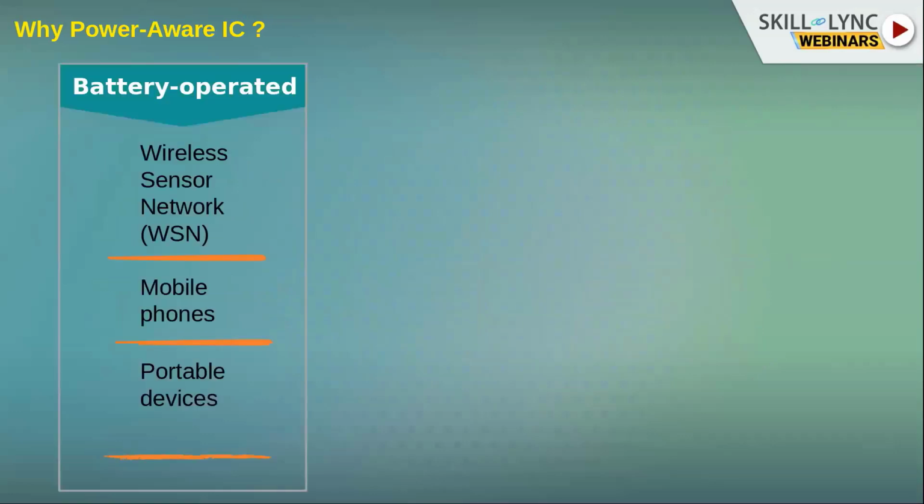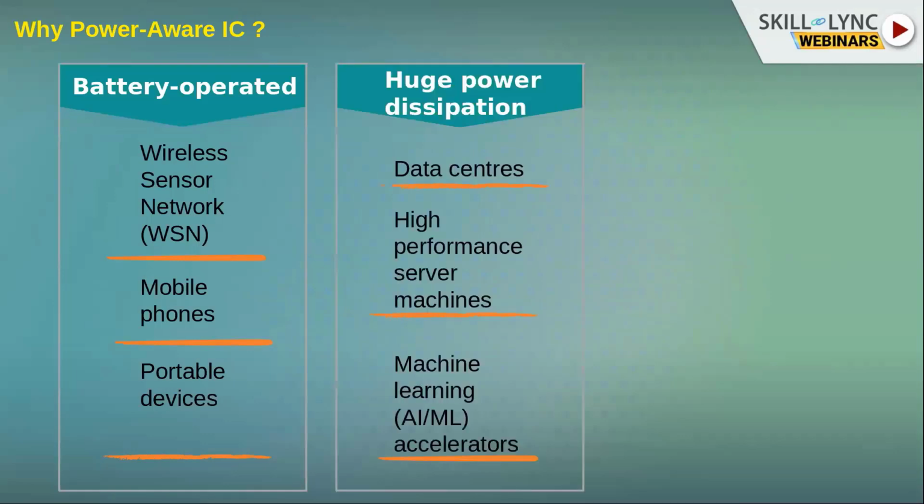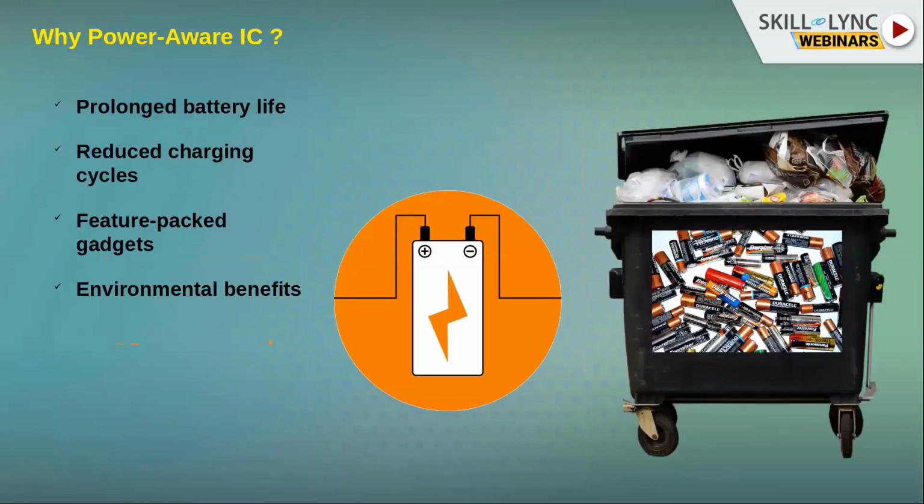So other than the battery operated device issue, we have this huge power dissipation, which is related to the huge heat generation from the electronics. For all these clear and real world issues, the solution that we have is to have power aware ICs.